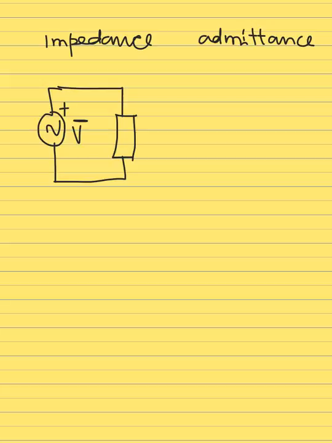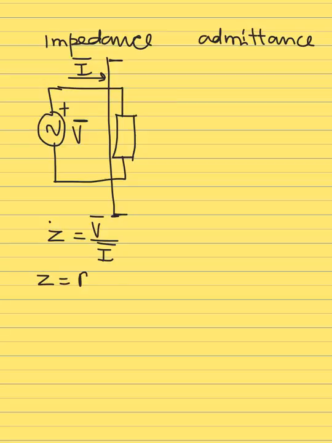Now let's say the voltage is V and the current flowing through the system is I, and this is the impedance of this circuit. So Z is a complex number, V divided by I. Z is R plus or minus jX; it's not only plus, it could be a minus as well.